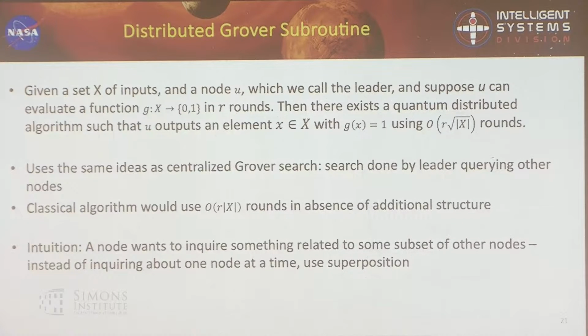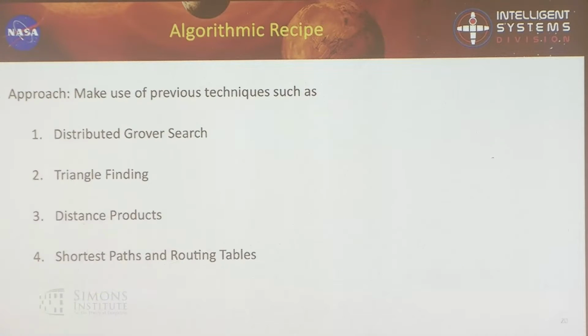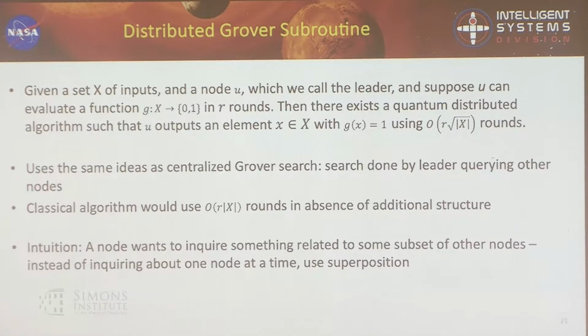I just realized I'm using R for two different things, I apologize. R's rounds here, whereas the R's with subscript indices are the connectivity requirements. So this uses the same ideas as a centralized Grover search, it's the same square root improvement.